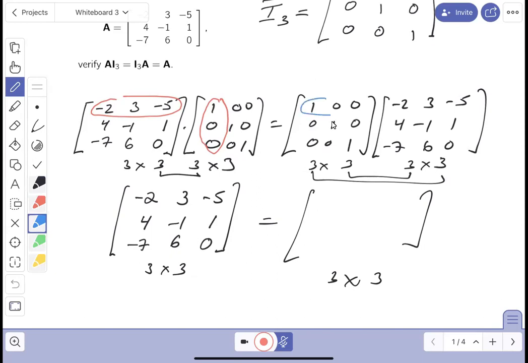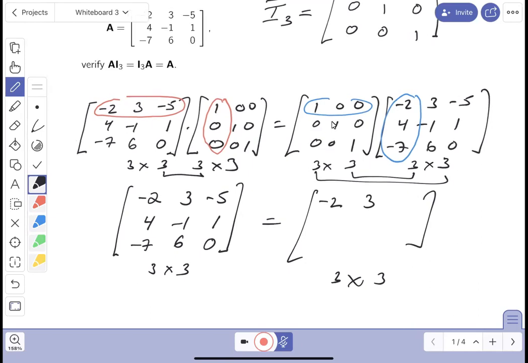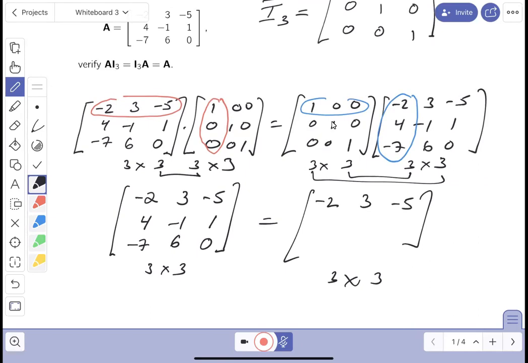We're doing this, row 1 times column 1. All right, now what's that going to give me? -2, that's row 1 times column 1. Row 1 times column 2 is 3. Row 1 times column 3 is -5. Now we're doing row 2. Row 2 times column 1 is 4.